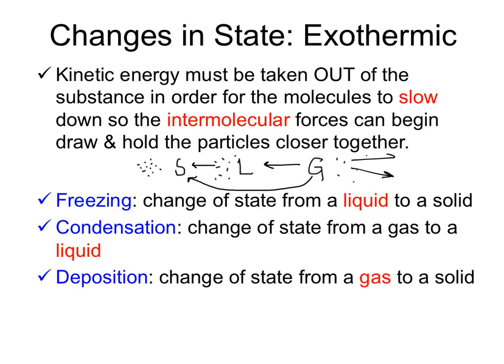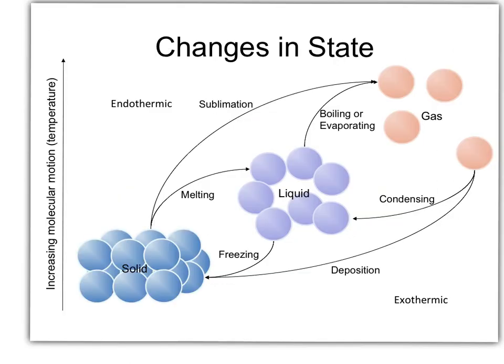So we will be removing energy from that high kinetic energy state that a gas is in to slow down the particles so that their attractive forces can take hold. We'll do the same thing for the liquid particles, remove some more energy in order for the solid particles to take hold. Here's another diagram reviewing the 6 changes of state and which ones are endothermic and exothermic.